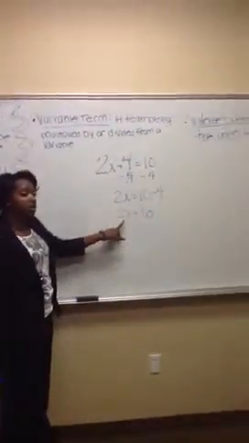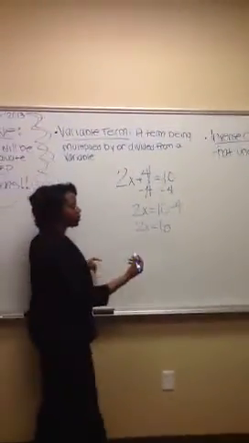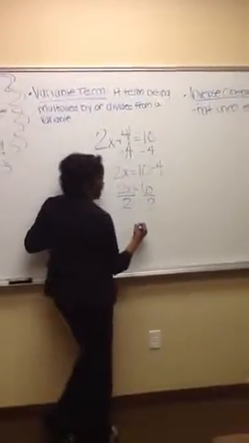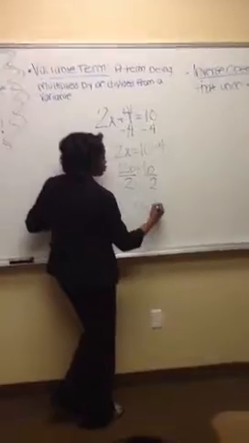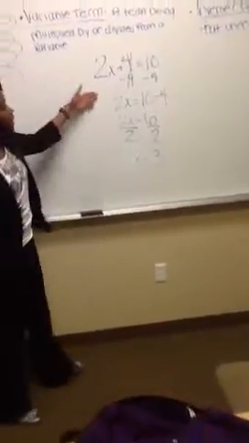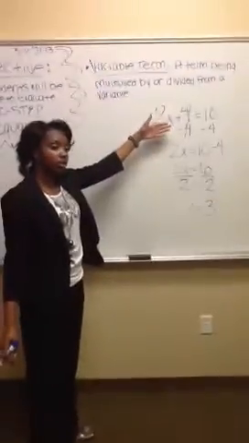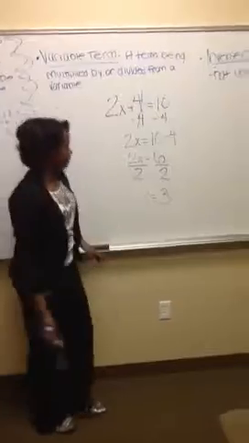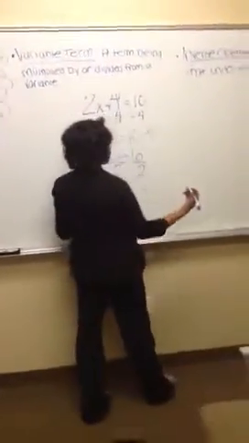And then we have to still isolate our variable. So then we have to divide each side by 2. So then x is equal to 3, because 6 divided by 2 is 3. So in the equation 2x plus 4 equals 10, our answer is x is equal to 3. So we can go back and check our work.